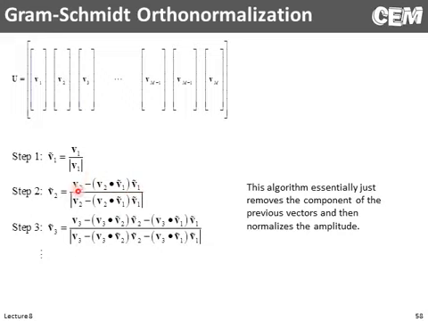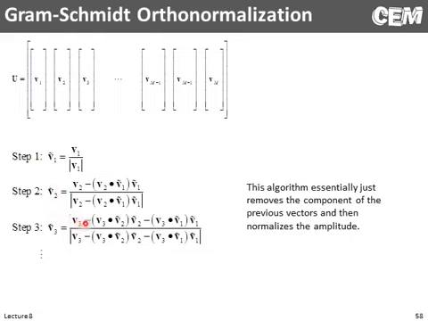So we are taking vector V2 and subtracting whatever component of V2 lies along V1. What we're left with is a vector that contains no components at all in the direction of V1, so it's its own unique vector. Then we divide by the magnitude of that, so we get unit magnitude overall. So V2 now will not contain any components in the direction of V1 and has unit magnitude.